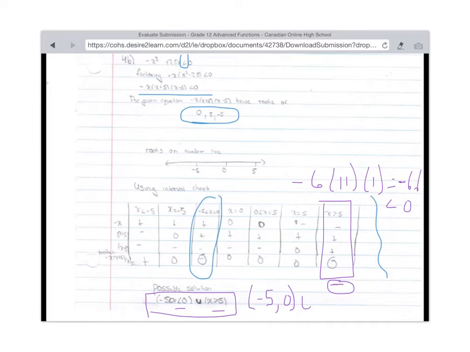And then you're going to union that or join that with the solution of x greater than 5, which is 5, going all the way up to positive infinity. And we're using round brackets in both cases because 5 and 0 and negative 5 cannot actually be numbers that give you the correct solution. So it's only numbers greater than, or in this case, numbers in between those two values.